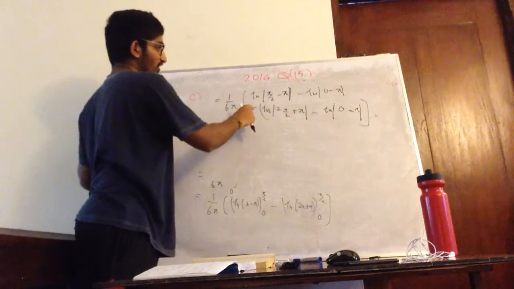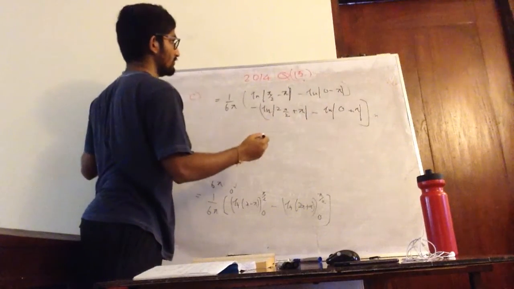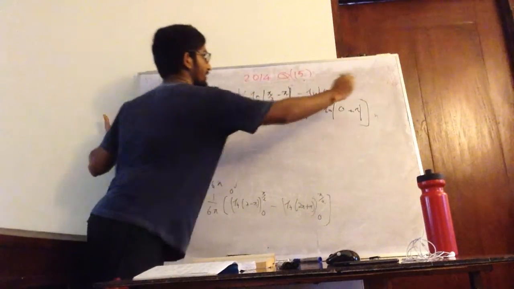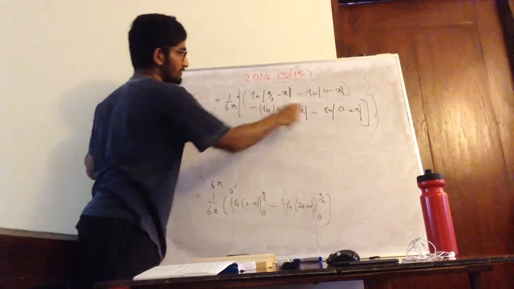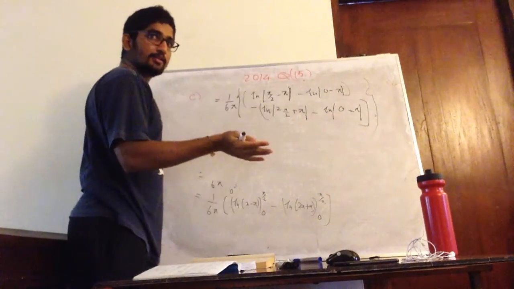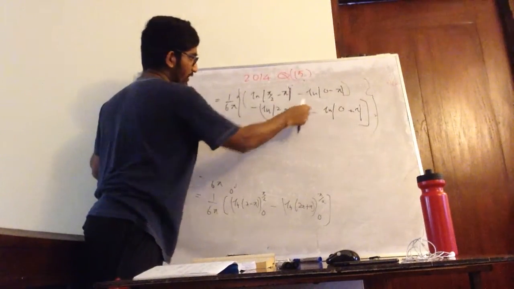Because this is one bracket, this is another bracket, and there is a combined bracket, if I take out all the brackets, minus into minus is going to be plus.